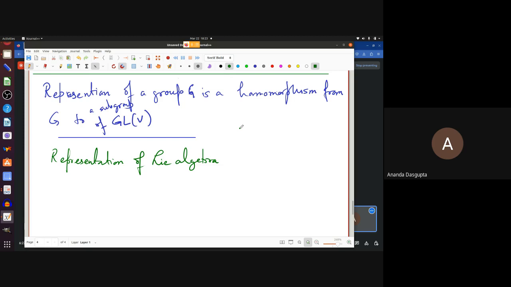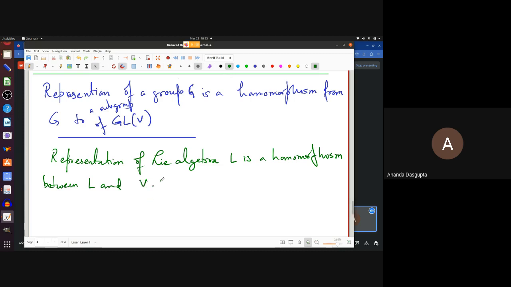It's a vector space, right? Which has a bracket operation. But the elements are vectors. So a representation of Lie algebra L is a homomorphism between L and some vector space V.